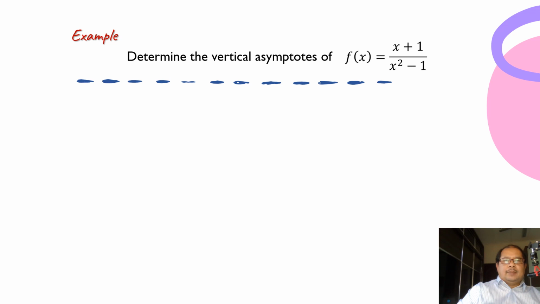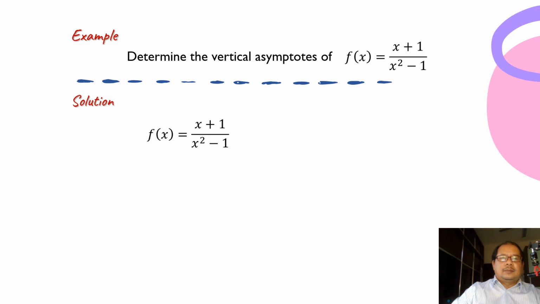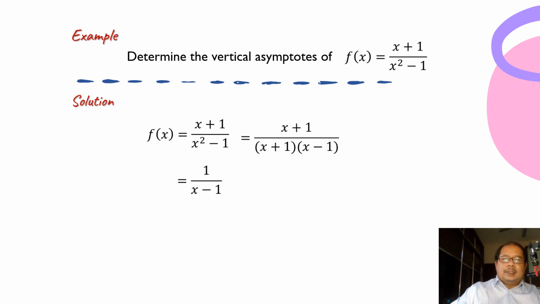Okay, next example. Determine the vertical asymptote of f(x) equal to x plus 1 over x squared minus 1. Okay, kita boleh simplify dulu. Kita akan dapat x plus 1 you can cancel. Kita dapat 1 over x minus 1.